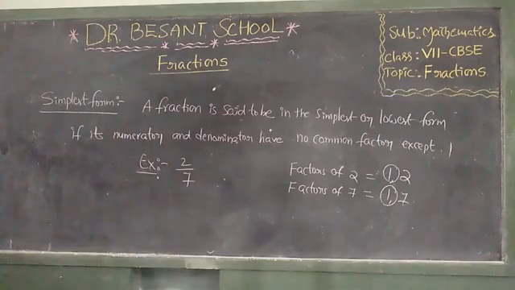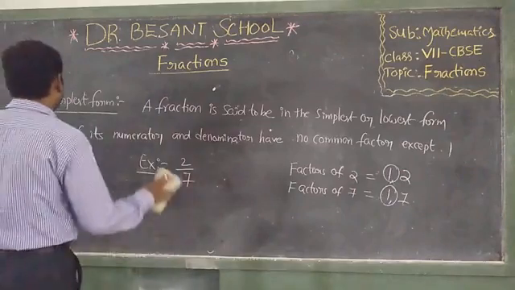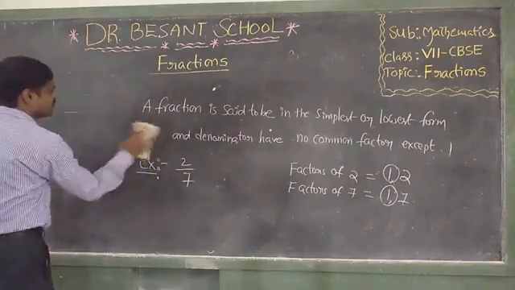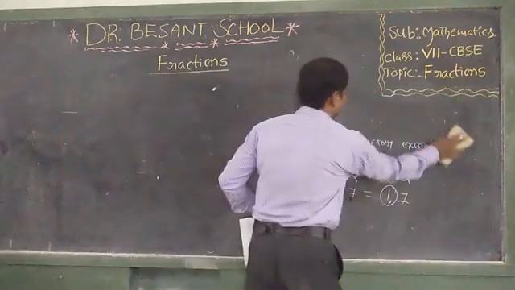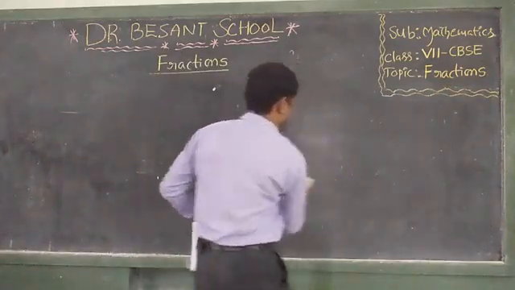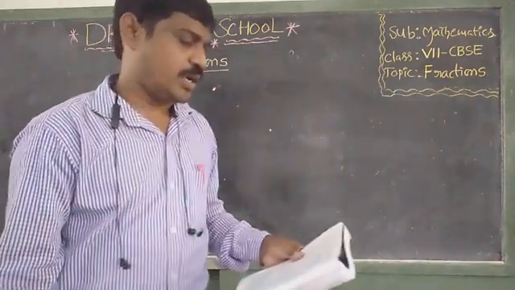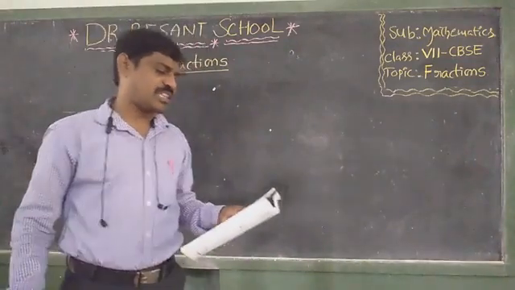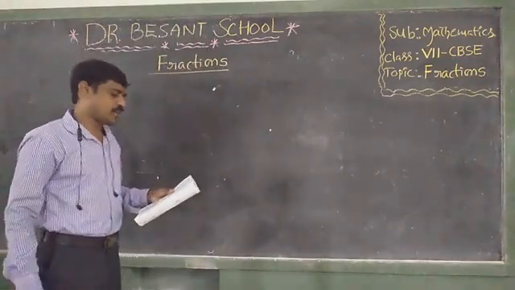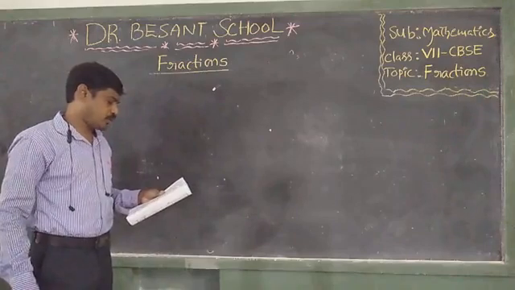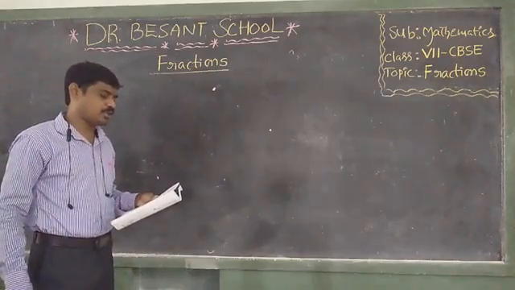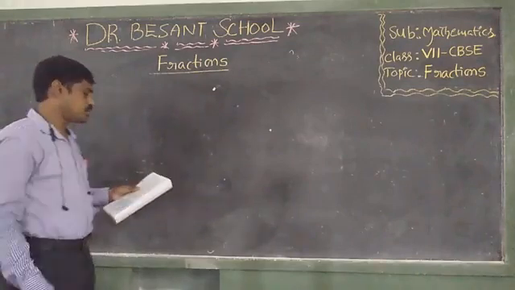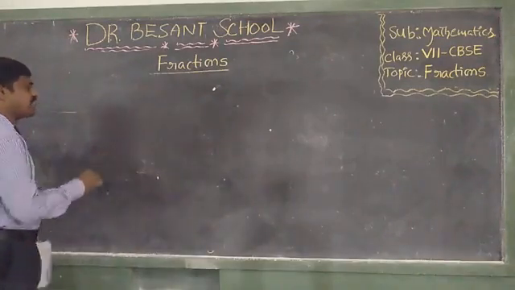Next, children, to find the equivalent fractions of a given fraction, multiply or divide the numerator and the denominator by the same non-zero number.